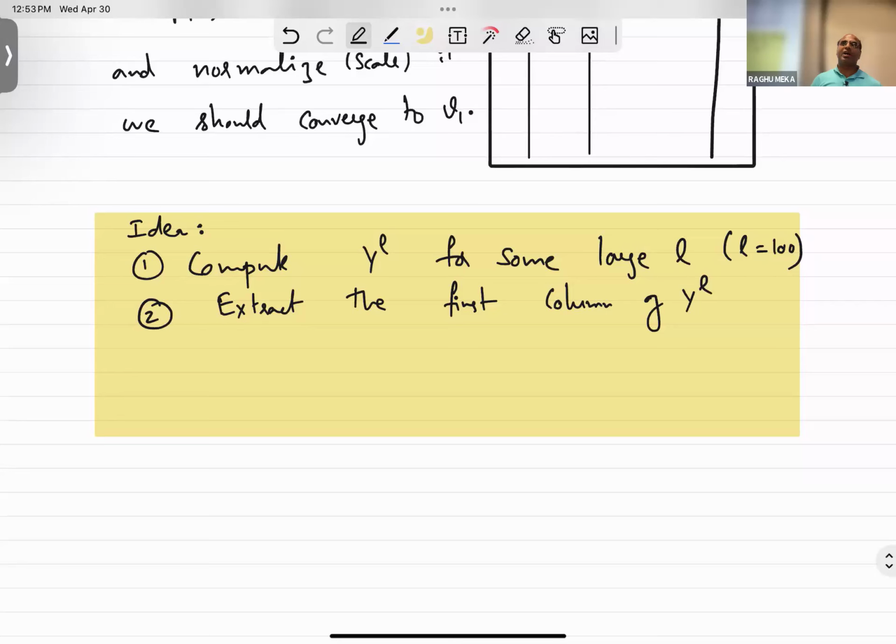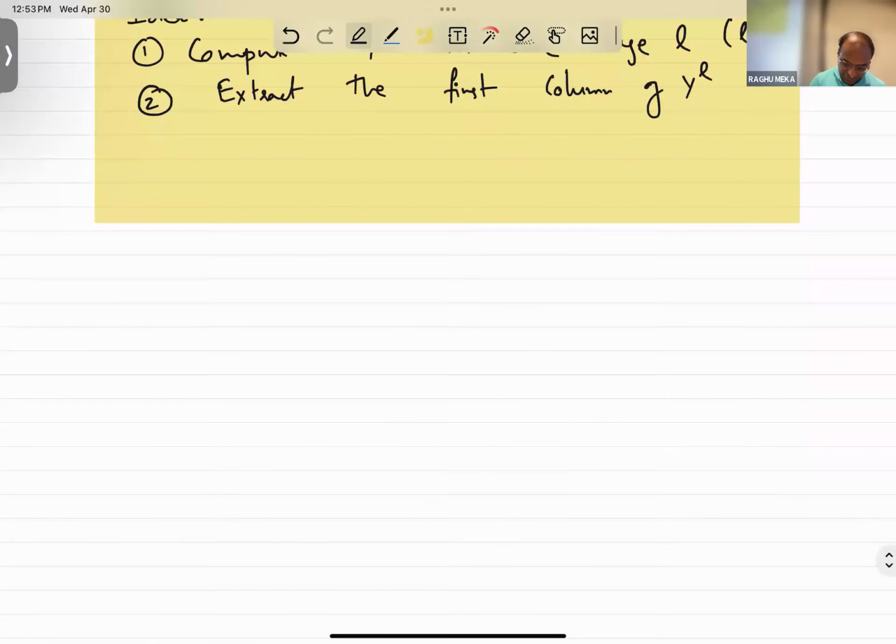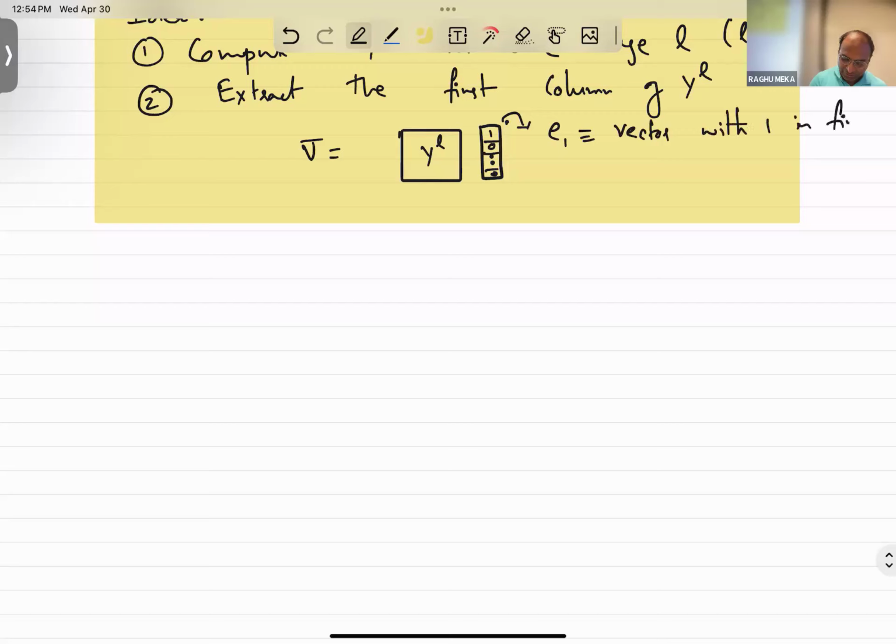One way to extract the first column, and hopefully why I'm writing it this way will become clear, is to multiply with the vector which is 1 in the first coordinate and zeros everywhere else. Let's call it E1, the vector with 1 in the first entry, zeros elsewhere.